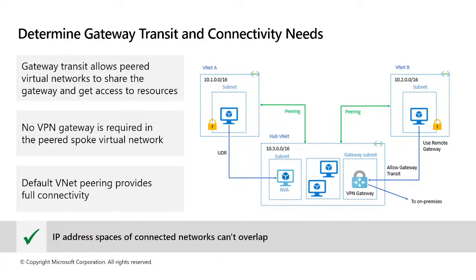However, I've got other devices that have been connected to other networks, but I need that connection to happen also from my on-premises environment to other networks or other devices within the other networks. So what I would do is pair the other networks with that particular hub network where my VPN sits.